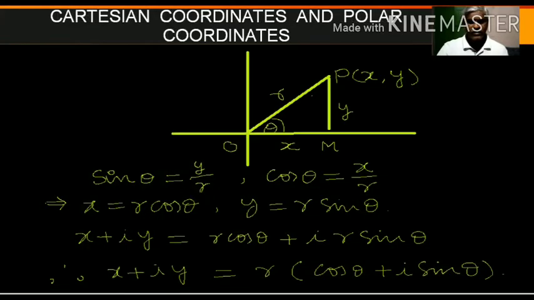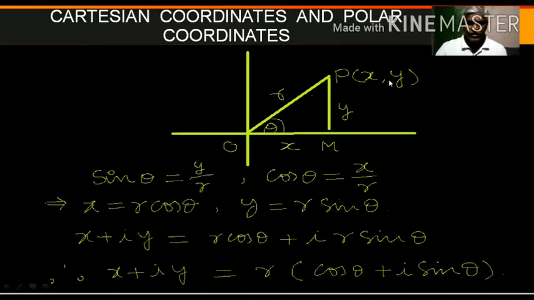Let us observe this. If you take the point in the first quadrant, the Cartesian coordinates of any complex number are in the form of an ordered pair x, y. So let us consider this right triangle.